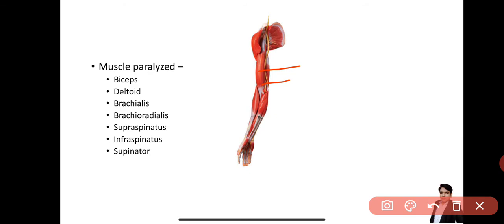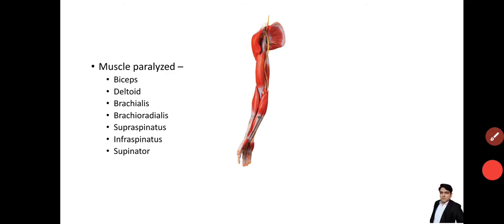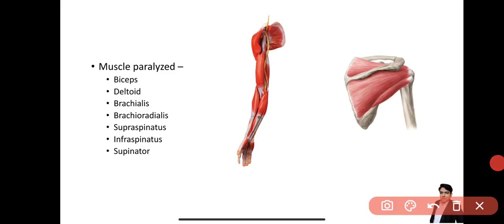Then deltoid, this is deltoid muscle, mainly responsible for abduction of the shoulder joint. Then brachioradialis, this is brachioradialis. Then supinator muscle, supraspinatus muscle, this is supraspinatus muscle, and this is infraspinatus muscle, supplied by this suprascapular nerve.